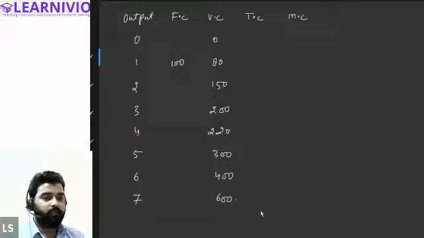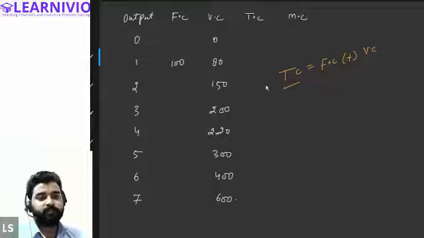Those of you who have not done the earlier session of this chapter, let me tell you, in order to find out the total cost, we will be adding the fixed cost and the variable cost. So once you add the fixed and variable cost, you will be able to find out the total cost.